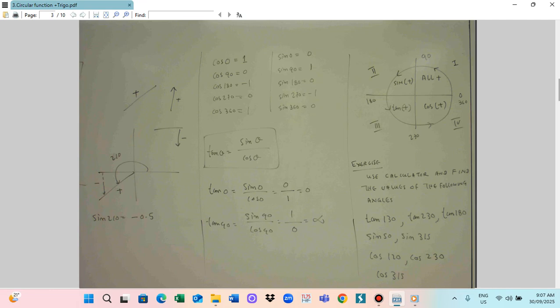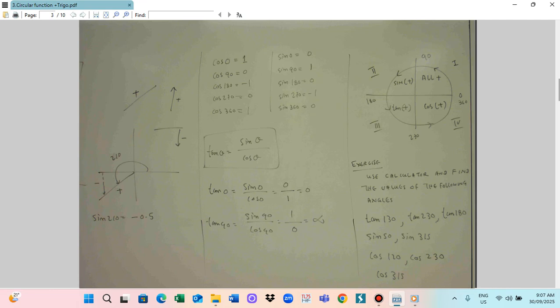This is the equation. Similarly, sine 0 is always 0, sine 90 is 1, sine 180 is 0, sine 270 is minus 1, sine 360 is 0. This is called a special function.